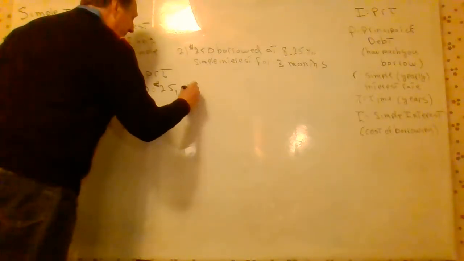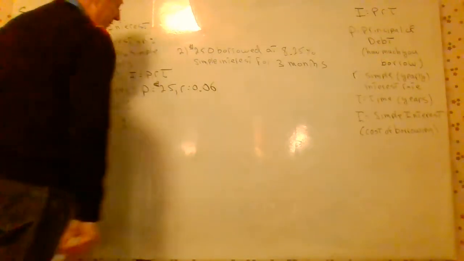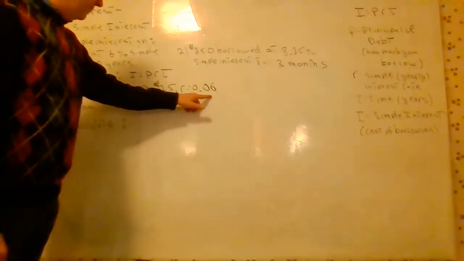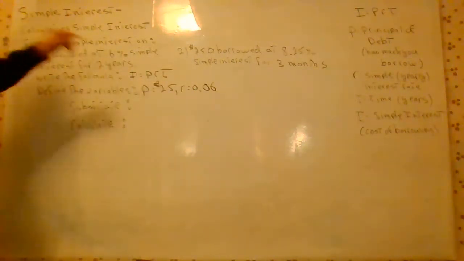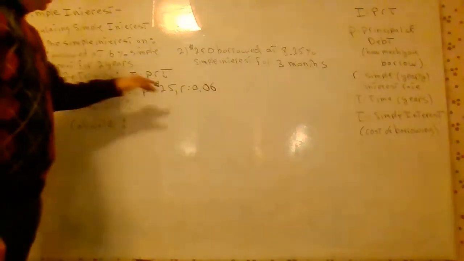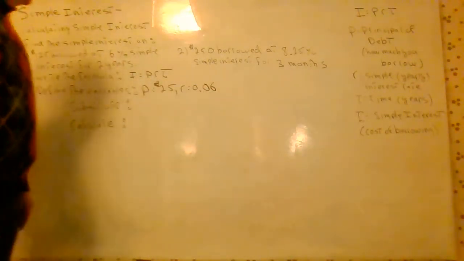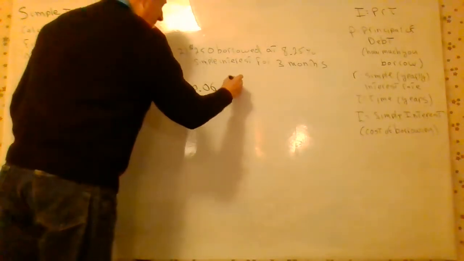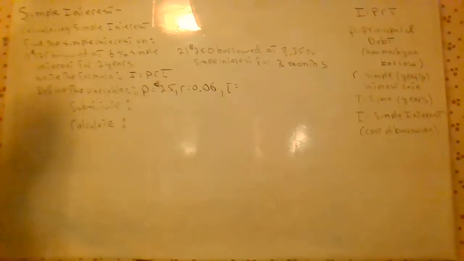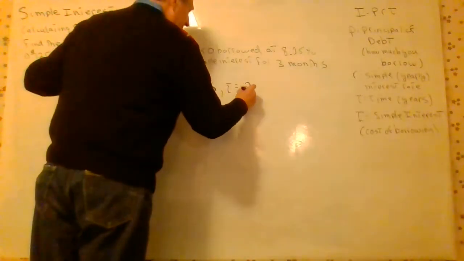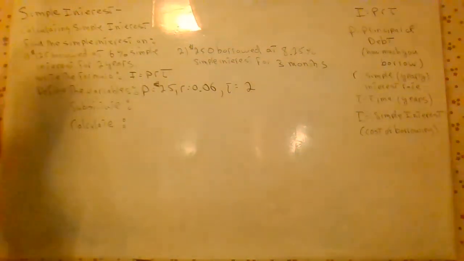And what we're going to do is convert it to a decimal before it goes into the formula. 6%, we move the decimal over 2 places. 6%, same as 0.06. And then we're going to define T. T is the time in years. Well, it's for 2 years. So we have 2 years.